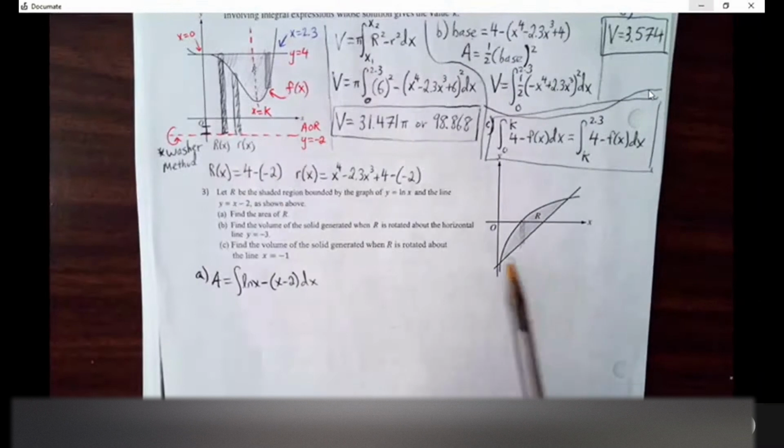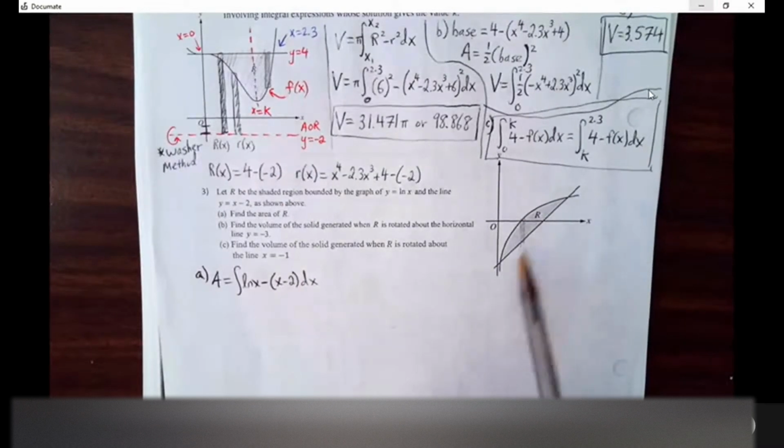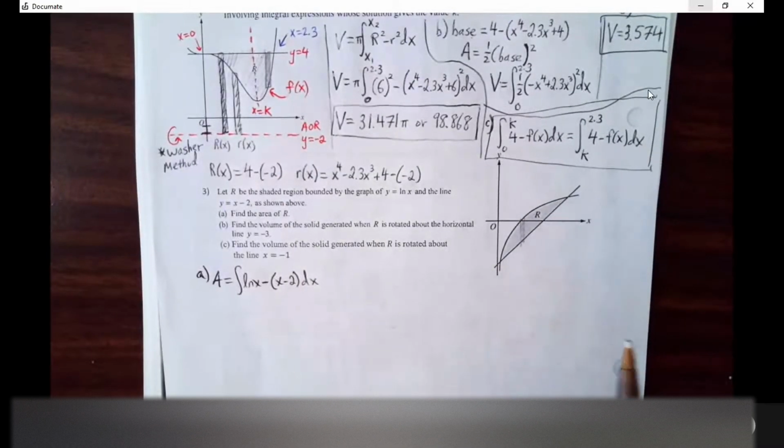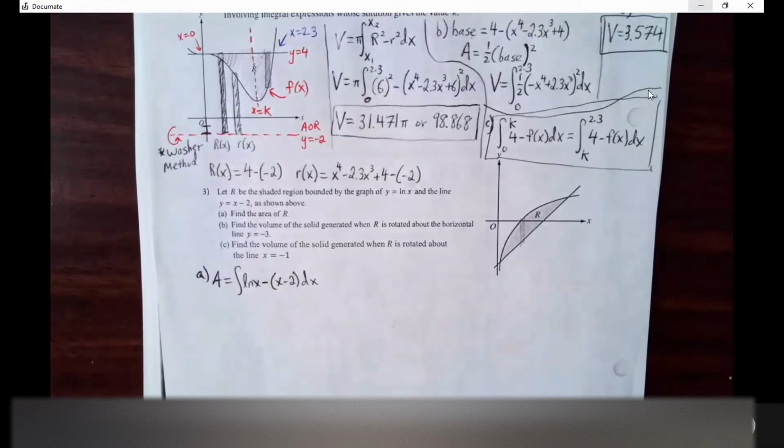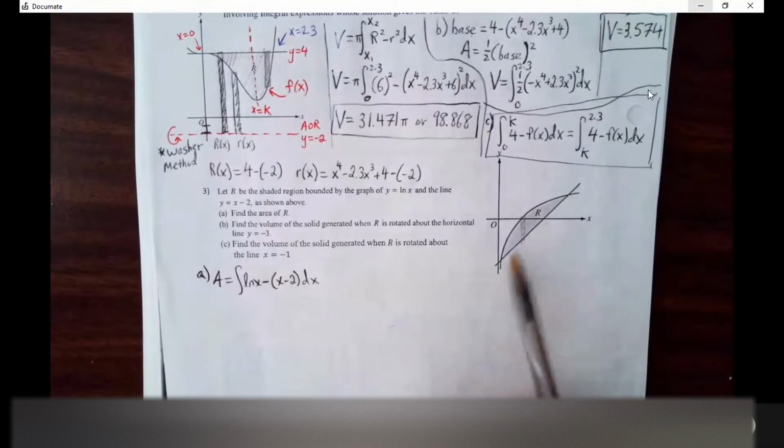But we still need the bounds, right? We need the left bound to right bound. So we need to use our calculator and graph and look for the intersection. Second trace intersect, or you can use your 36 Pro and use numsolve to find those intersections of the x values. Okay, so I'm going to write the full ordered pair here.